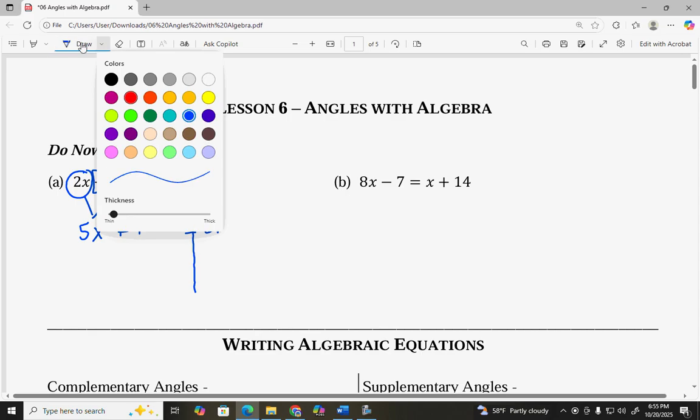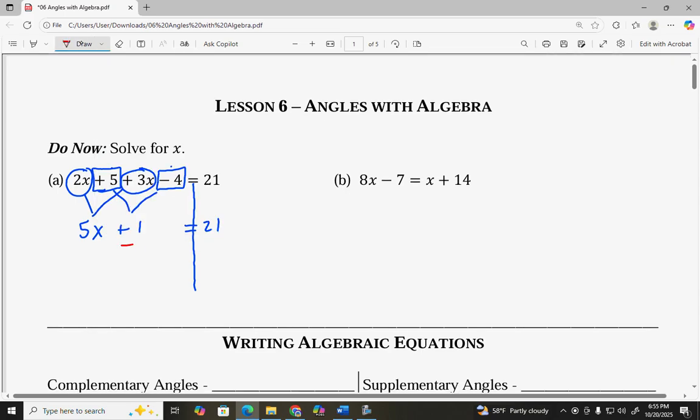So now I will subtract 1 from both sides, and 5x equals 20. I'll divide both sides by 5, and x equals 4. And if you can solve an equation like this, we'll be in good shape for today's lesson.